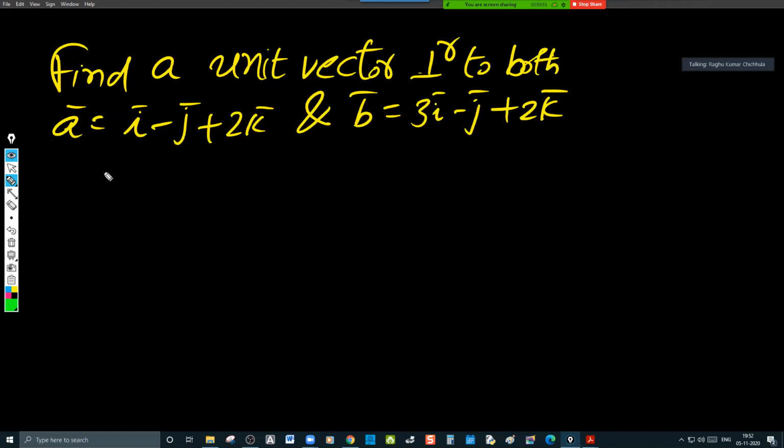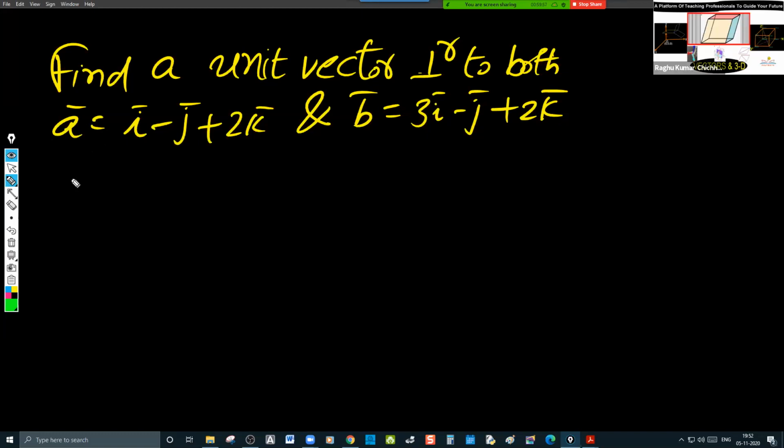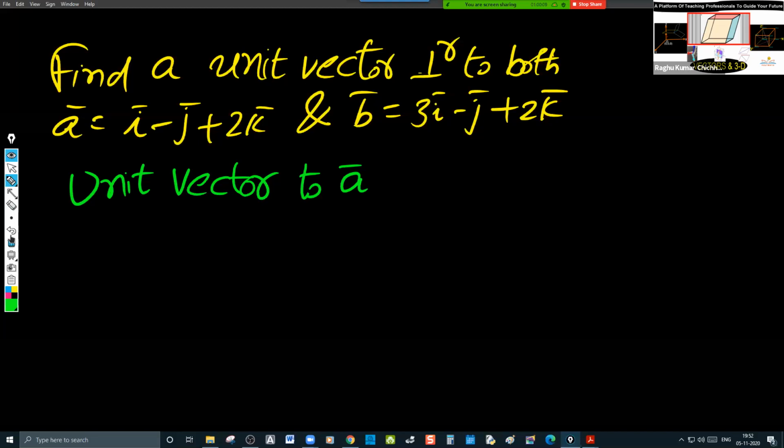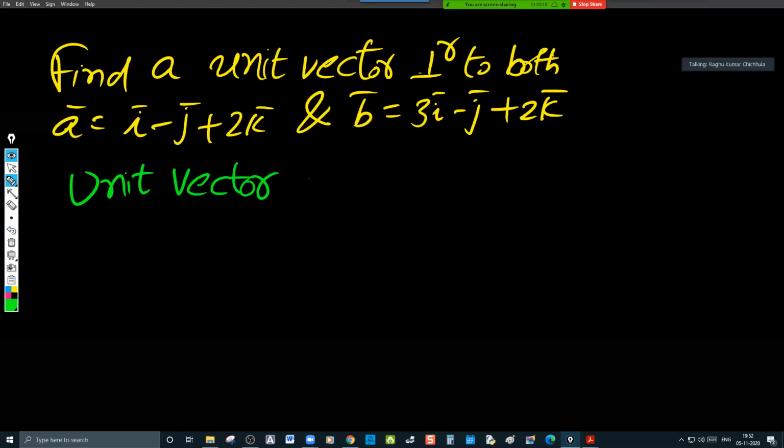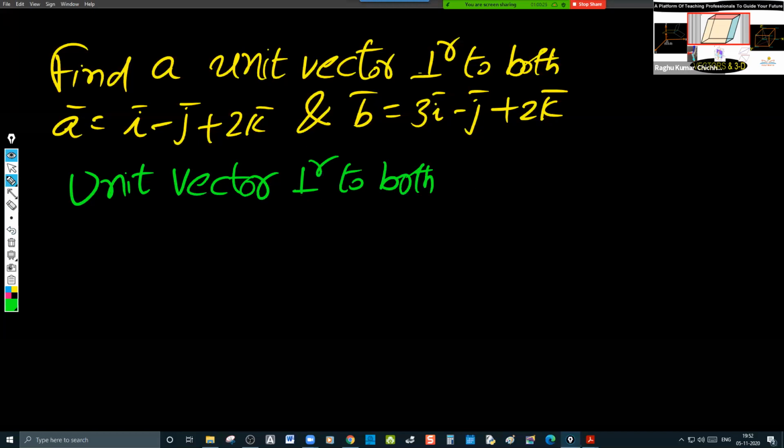You tell me now, what is the unit vector perpendicular to both A bar and B bar? In the initial explanation itself, I taught you that A bar cross B bar is a vector perpendicular to both A bar and B bar.